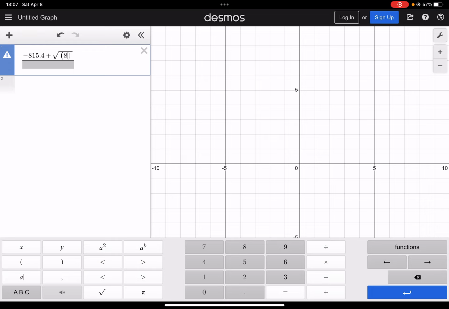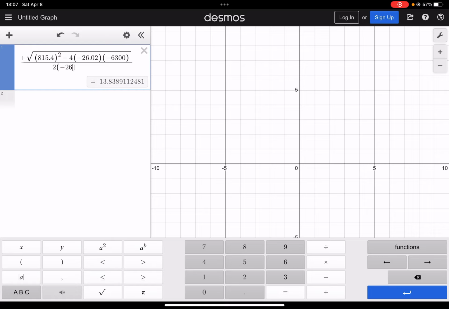It is 815.4, close it, squared, minus 4 times a, which is negative 26.02, close, open, minus 4,931, close, go to the bottom, 2 times negative 26.02.